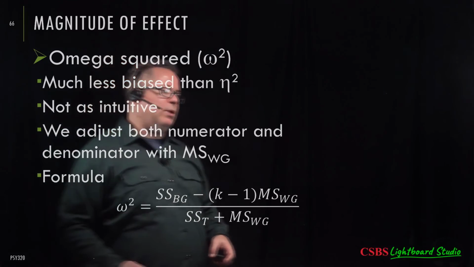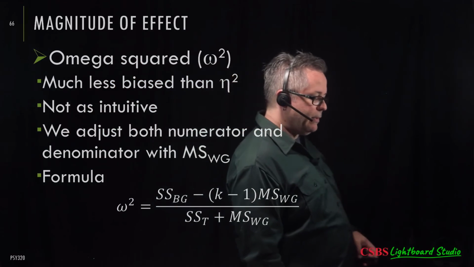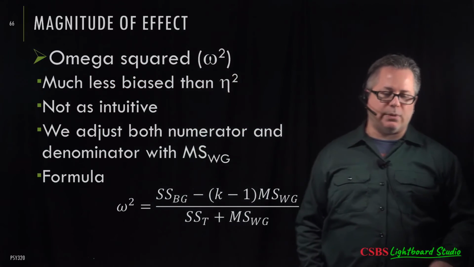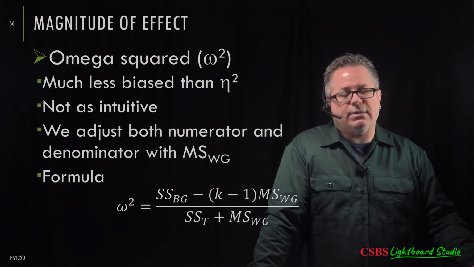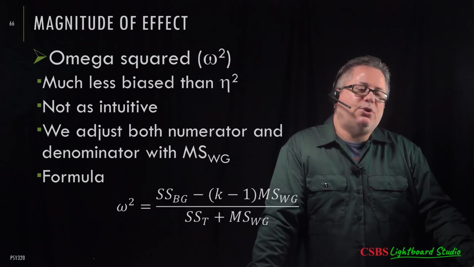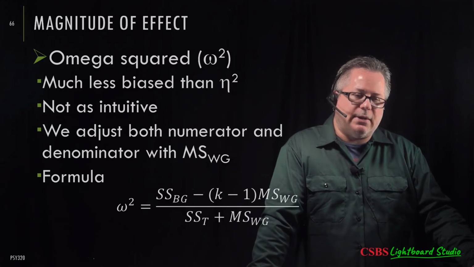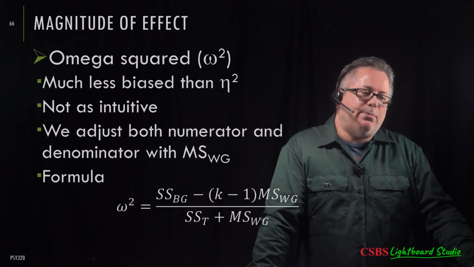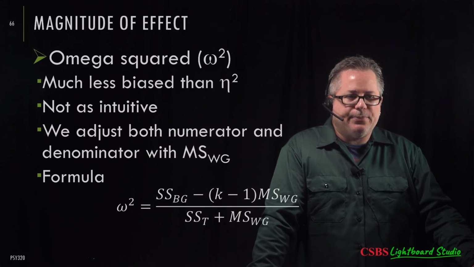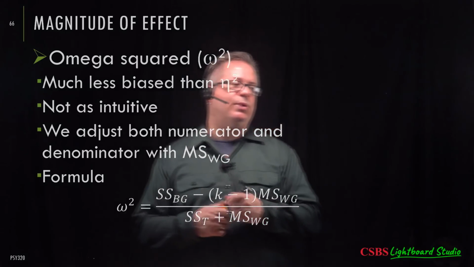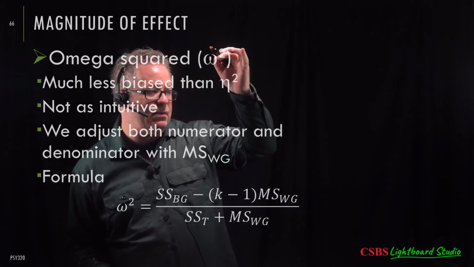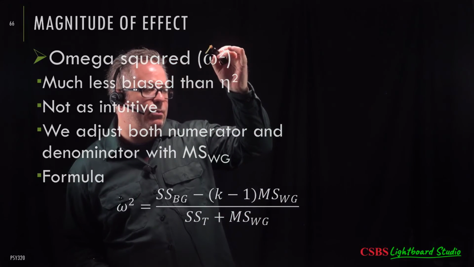So we have this other one, a different approach a little bit, called omega squared, where it's less biased than eta squared. It's not as intuitive, not as easy to calculate, but it does give you a better estimate of the population. And even here, since we're using sample values and estimating the population, you might see it in some places as omega hat squared.